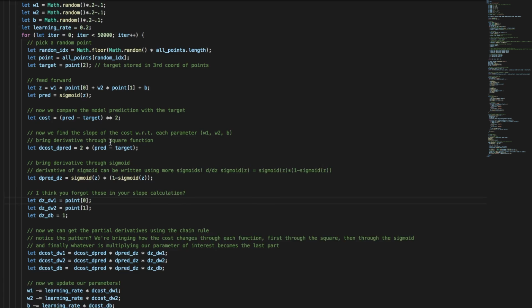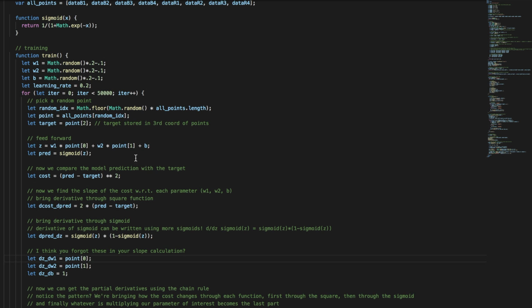And now we're bringing how this cost function changes through each of the functions. It's like a nested set of functions. So we're bringing how it's changing through each function. We brought how it changed through this power, and we brought how it changed through the sigmoid, and now we're at the z part.